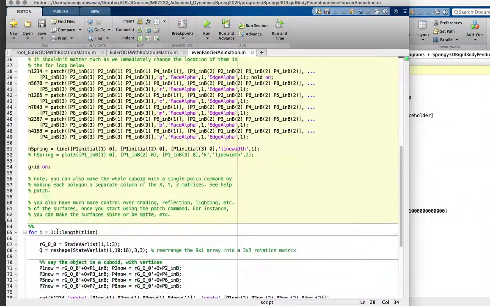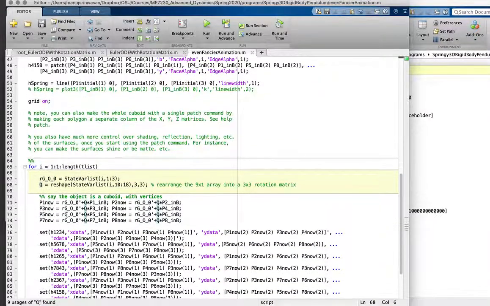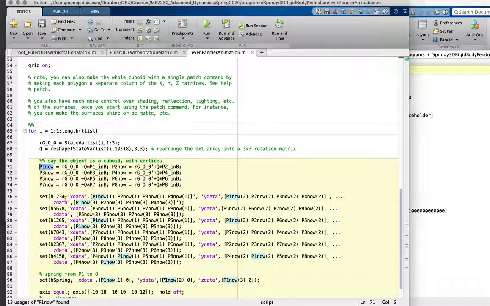So we're going to say for I equals 1 to how many frames we have, the current position of the center of mass, the current rotation matrix, and then we get the current values of all these points by saying current position of the center of mass plus current rotation matrix times the position of the point in frame B. And then we just go set the first handle.